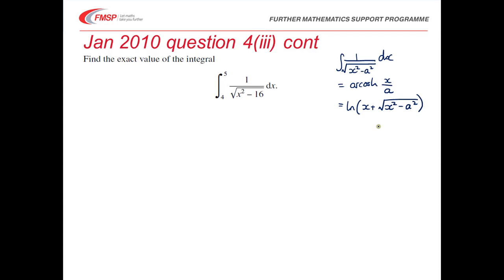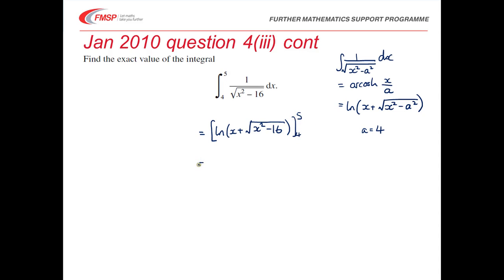So we're going to use a equals 4 in here, and we can simply write down straight away that that's equal to the log of x plus root x squared minus 4 squared, which is 16, evaluated between 4 and 5.